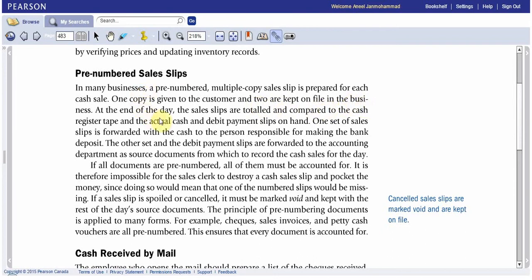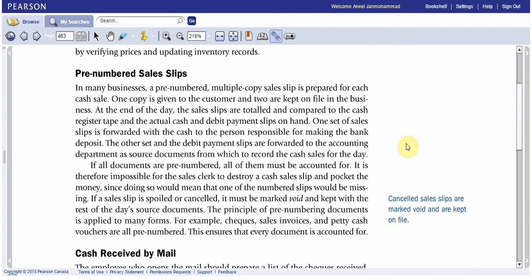Okay, so at the end of the day, all the sales slips are totaled and compared to the cash register tape and the actual cash and debit payment slips on hand. So everything is going to be compared to each other. The slip coming out of the cash register at the end of the day will tell you this is how much cash the register took in, this is how much debit payments the register took in, this is how much credit payments the register took in, and then you can actually add up all the cash sales slips, cash receipts, and then compare it to that total.